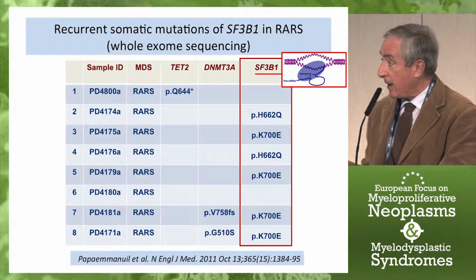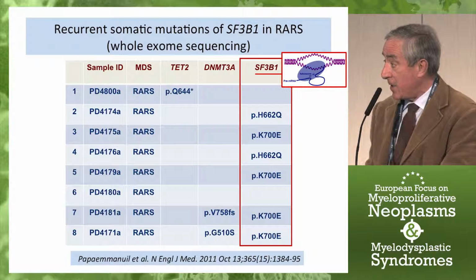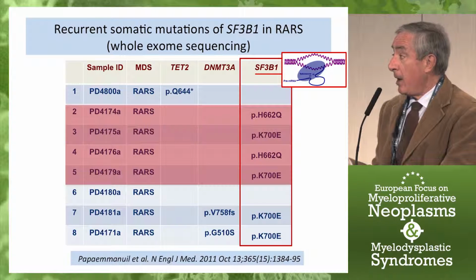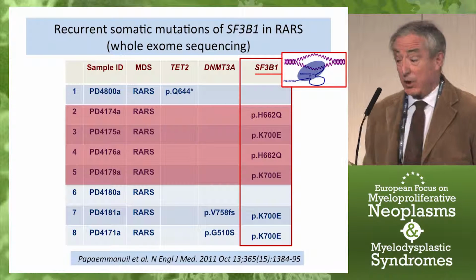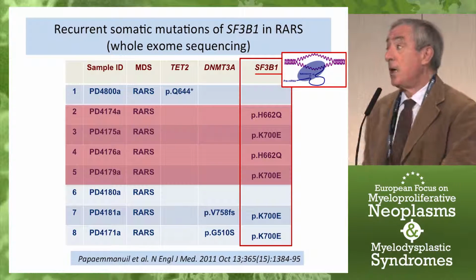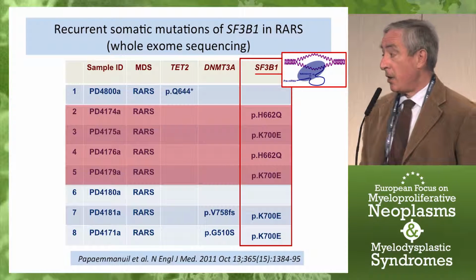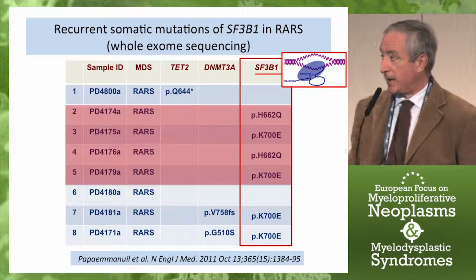And very strikingly, 4 of these 6 patients had exactly the same somatic mutation. Additionally, in 4 of the 8 patients, the somatic mutation in SF3B1 was the only mutation detected by whole exome sequencing, establishing a causal relationship between the mutation and ring sideroblasts.